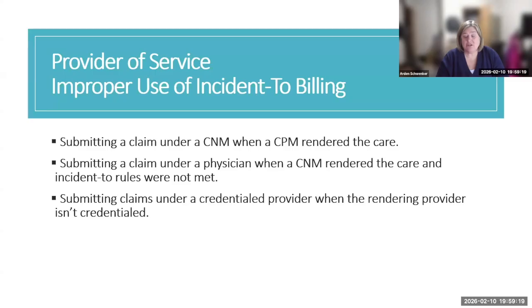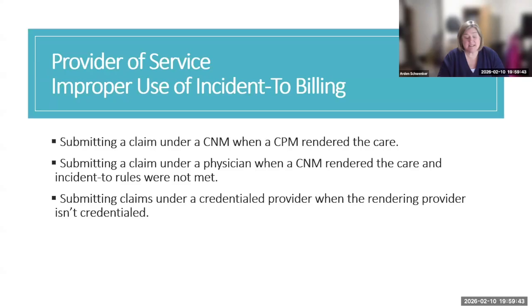Improper incident to is a CNM establishes care and a CPM renders all of the other care, and all claims are billed under the CNM's name. That's improper incident to billing because a CPM cannot bill incident to a CNM.